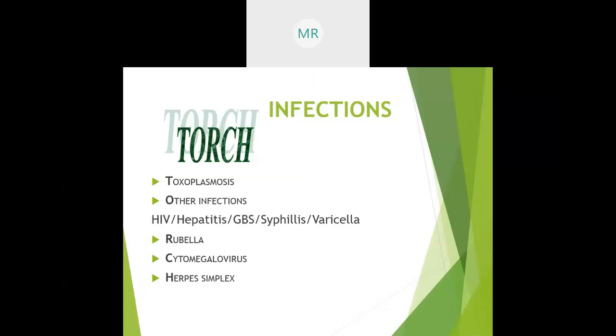So what does the CDC recommend on GBS? Well, we have to test mom for GBS infections. We need to make sure that before she delivers, we take care of her with antibiotics because we don't want to pass it on to the baby. So she is tested usually within 5 weeks of delivery, usually between 35 and 37 weeks.